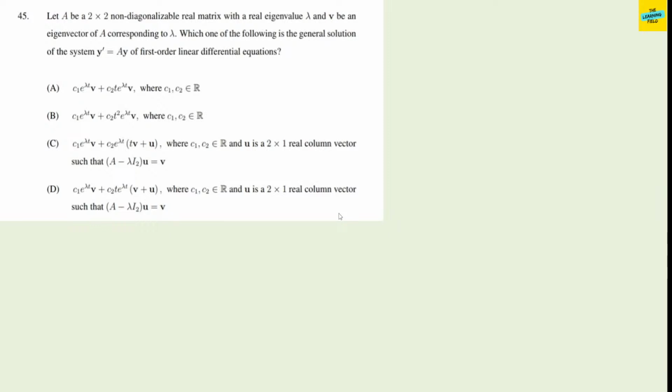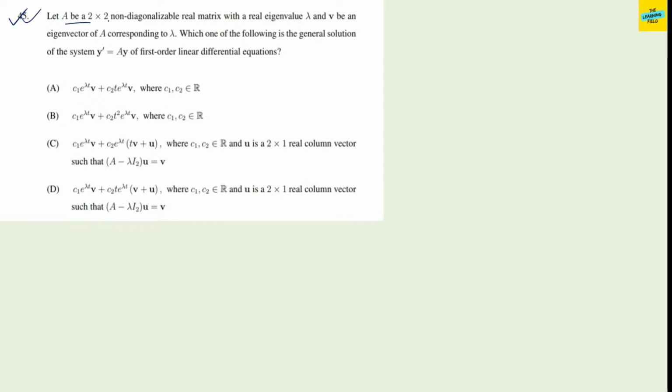Fine. So the next question is question number 45. It is also from the ODE section. This is a very straightforward question from the homogeneous system of ordinary differential equations with constant coefficients. So let's solve this.